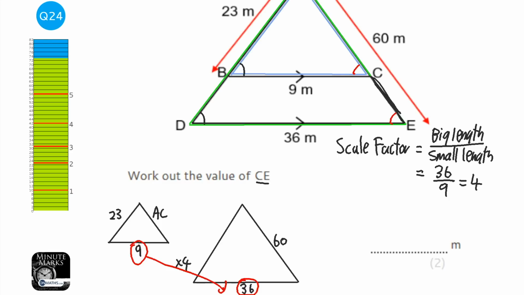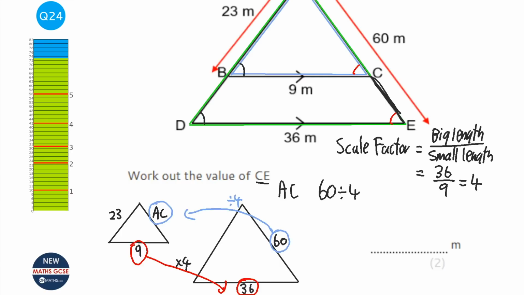Now, if we go from small to big, we times by 4. But here we're going from big to small. So instead of times by 4, we're going to divide it by 4, because it's going to get smaller, isn't it? So we're going to do 60 divided by 4, and I should really write down what I'm doing. I'm doing AC, and that's going to be 15.